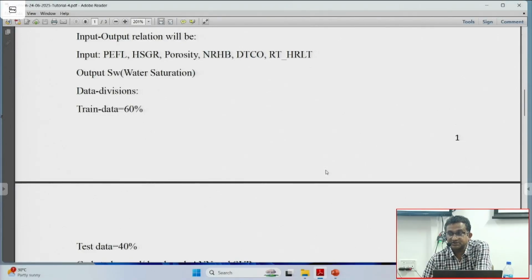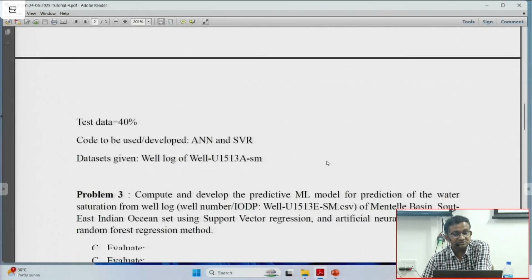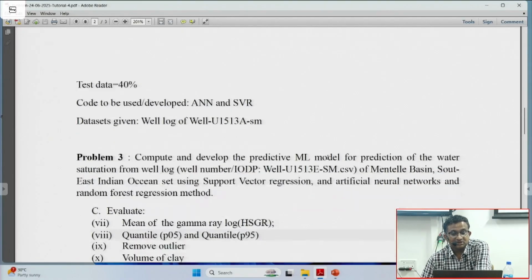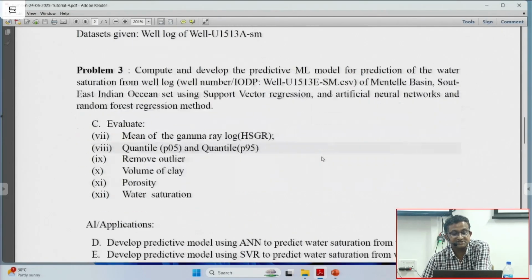We need to train these models on this 60% randomly sampled training data, and this is your testing. Some other data set will be provided of nearby wells, and there we will check a similar exercise with the predictive models. That is what my problem 3 is.